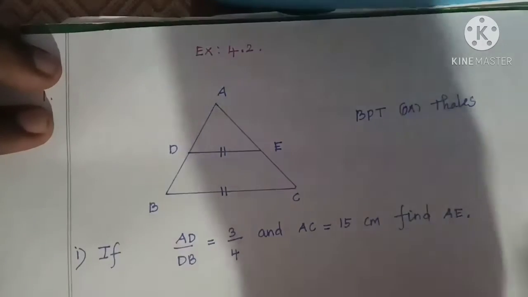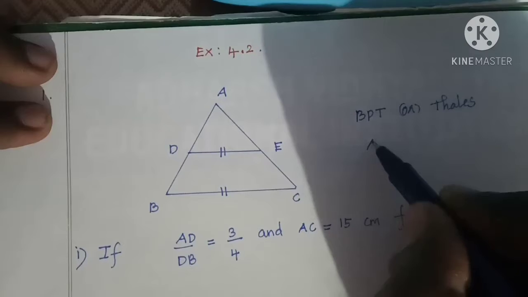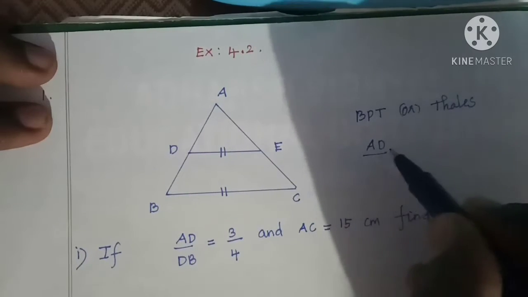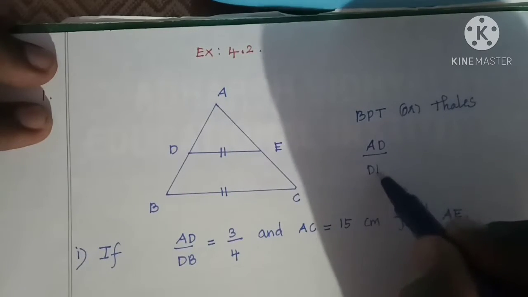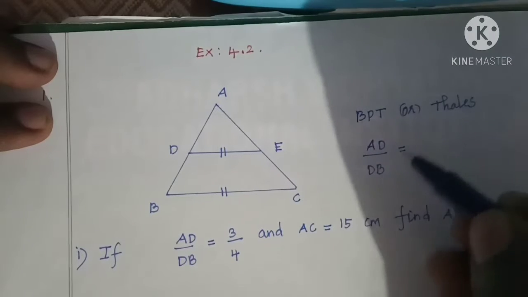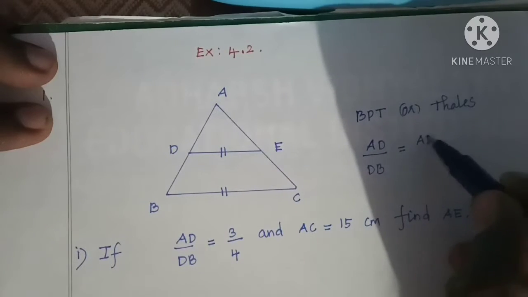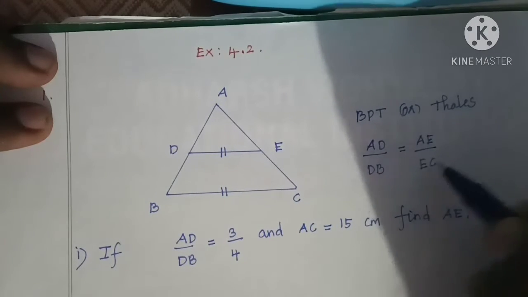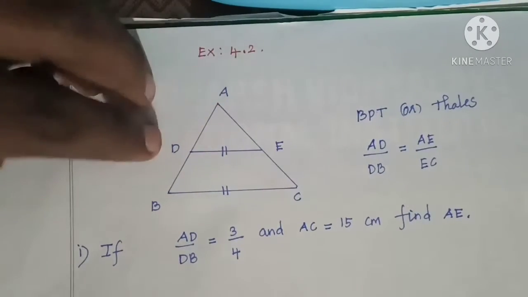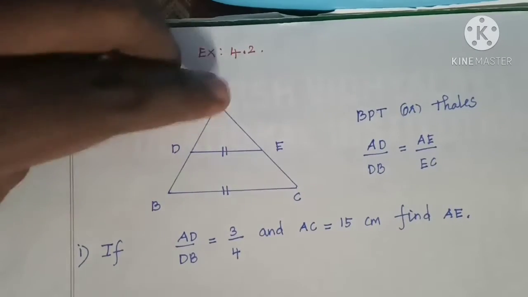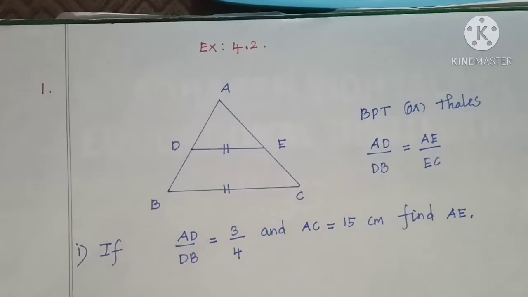This is the theorem. It can be written as AD by DB equal to AE by EC. This is the theorem.